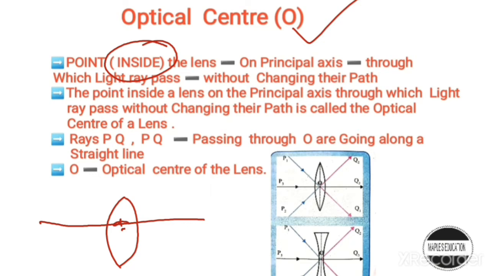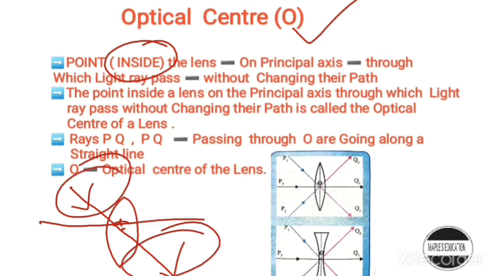Now what happens whenever a light ray passes through this point? It does not change its path. So if a light ray is passing through this point, this light ray doesn't change its path. You can see here and here the light ray hasn't changed its path.